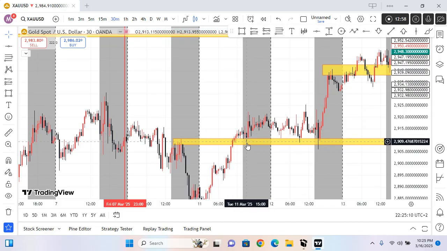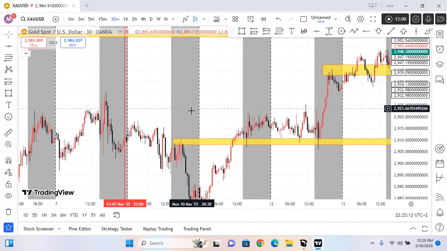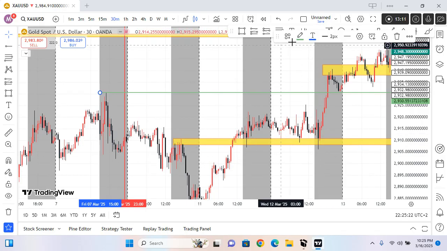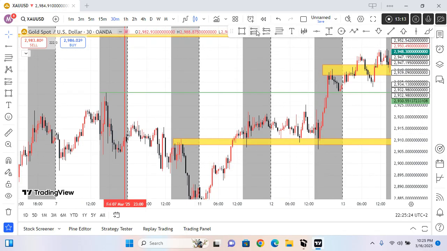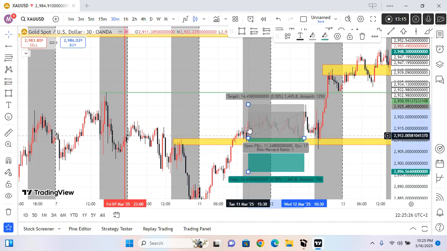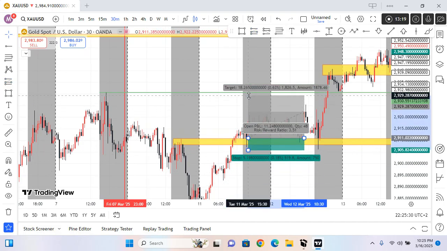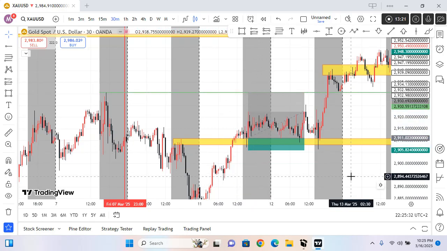The moment it rejected from here, where do we target our take profit? Onto the next bank zone. Immediately after rejecting here, we enter with no benefit of doubt. We enter from here. We just put our stop loss at least here. We target right here. Look what happened.